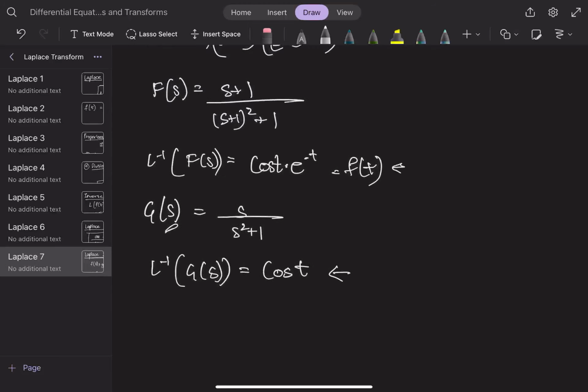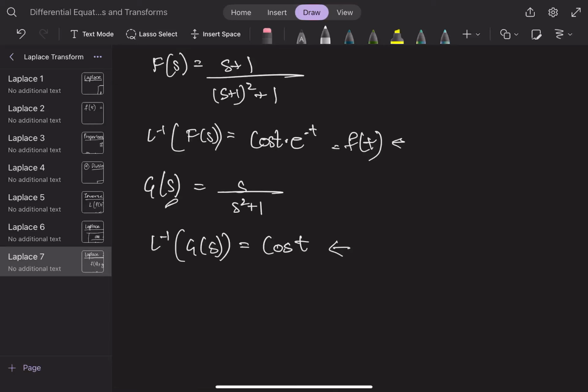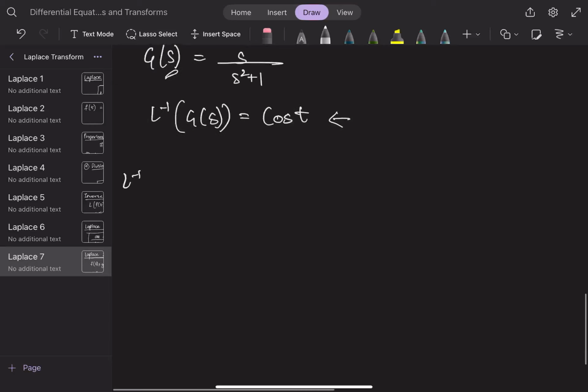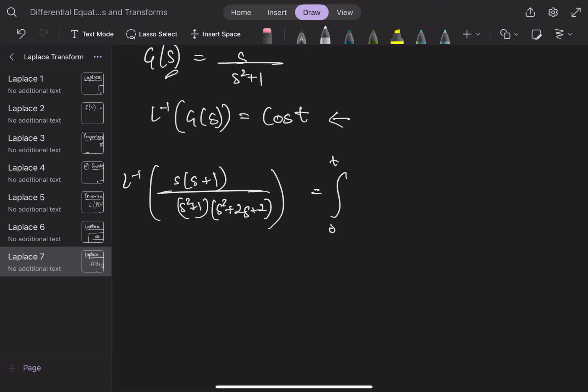Now your answer will be the integral from 0 to t of e raised to minus u cos u multiplied by cos of (t minus u) du.